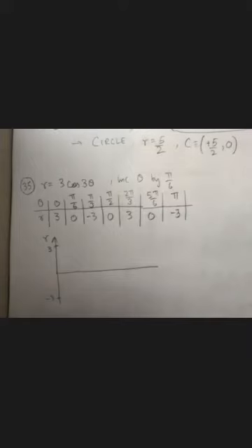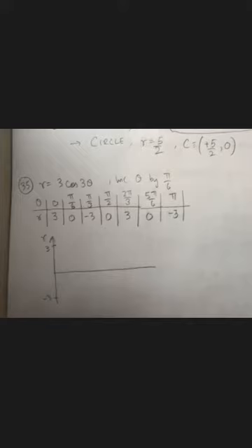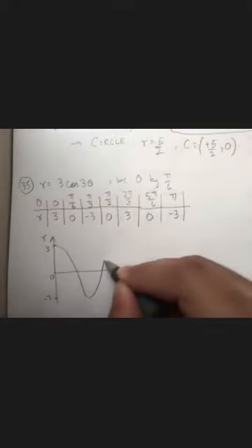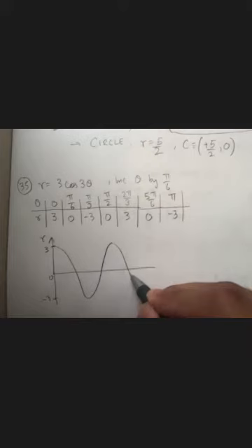When theta is 0, r is 3, so we start from 3 and we come down, go to minus 3. Then we go up to 3 again. Then we come down, go to minus 3.